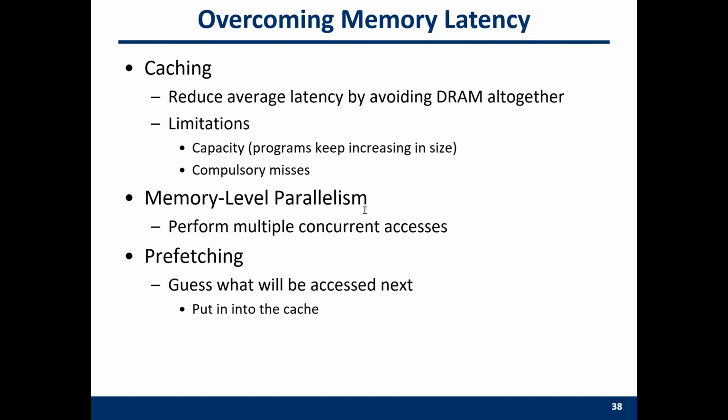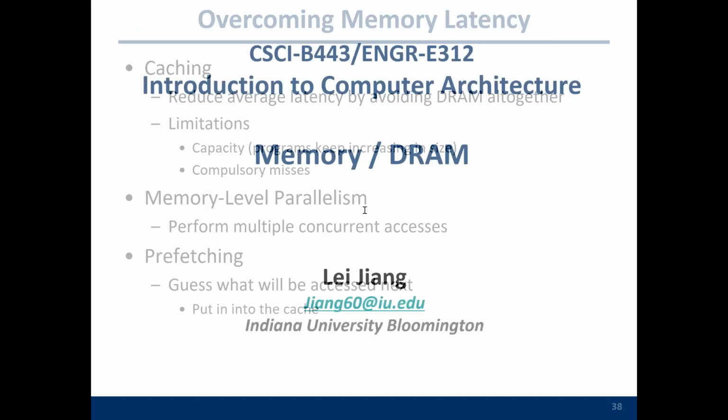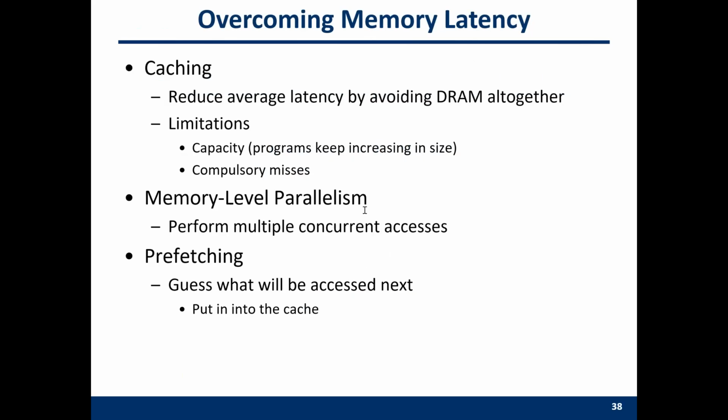You can predict what will be read, what will be fetched in the following cycles, so that you can prefetch the data. Any questions? If you have no questions, you can stop. Again, you can find a partner to work with you on the project too.